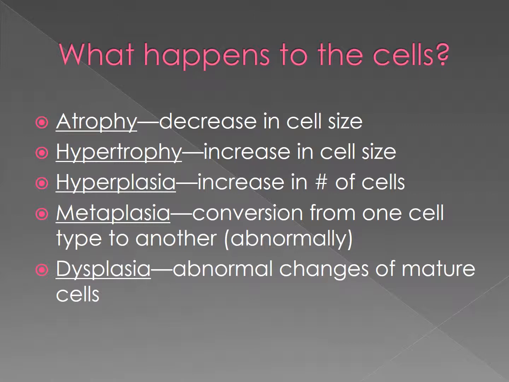The opposite of that is hypertrophy, and that's an increase in cell size. Hyperplasia is the increase in the number of cells. Metaplasia is the conversion from one cell type to another, and dysplasia is an abnormal change of mature cells.